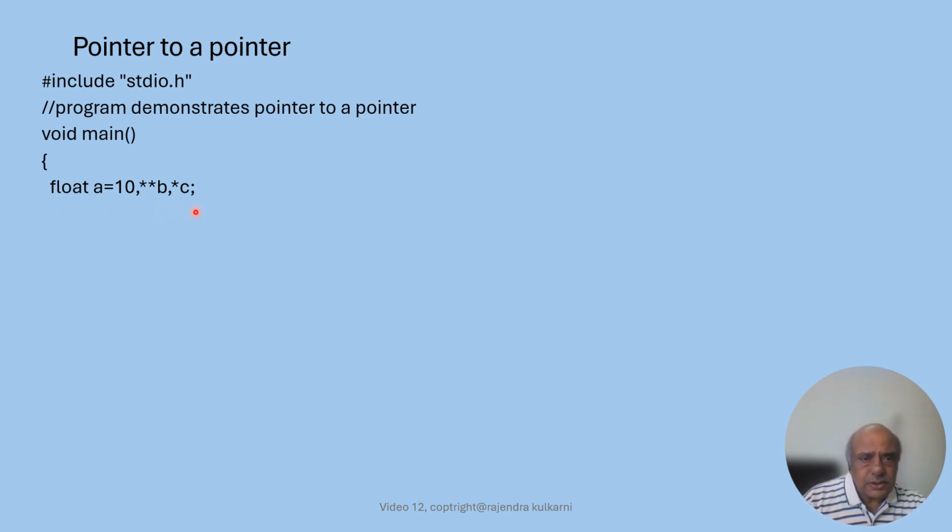These are the three variables declared. One is a float variable a, another is a pointer variable b, to which we will be assigning the address of another pointer, and c is a pointer variable.